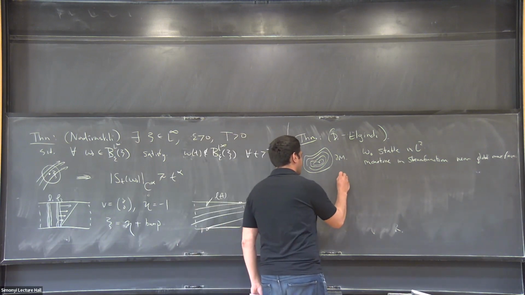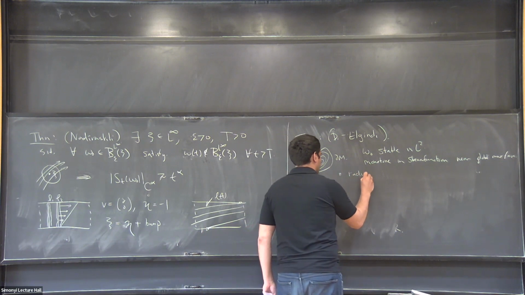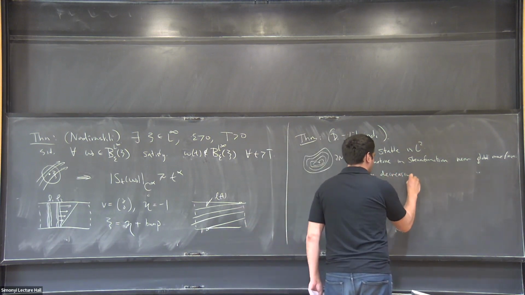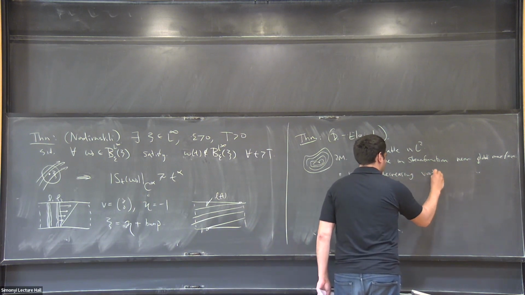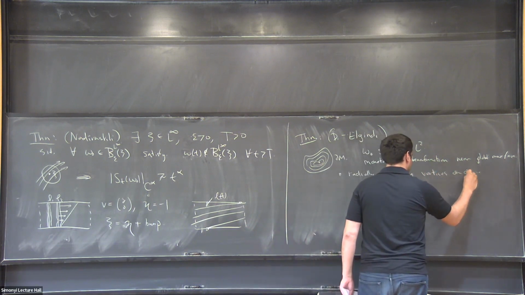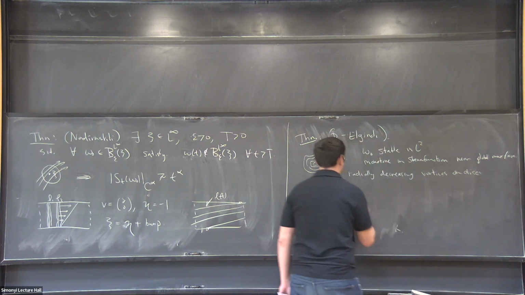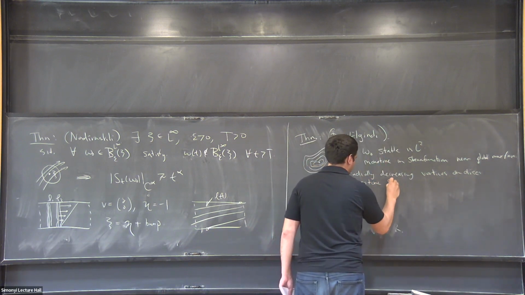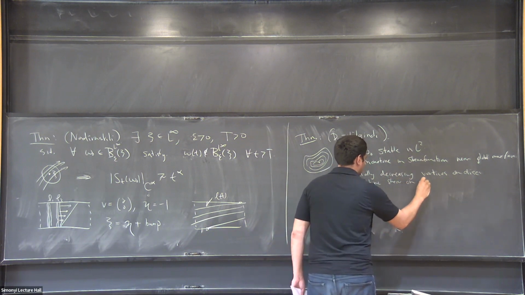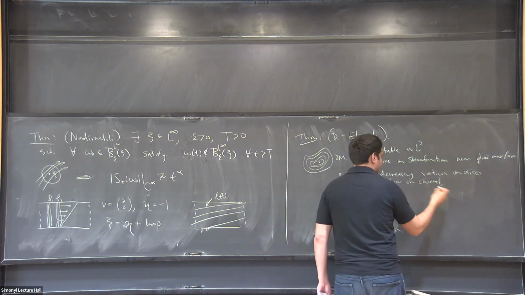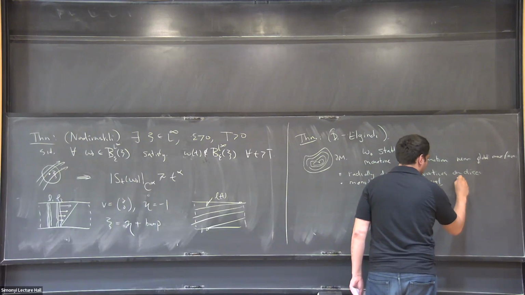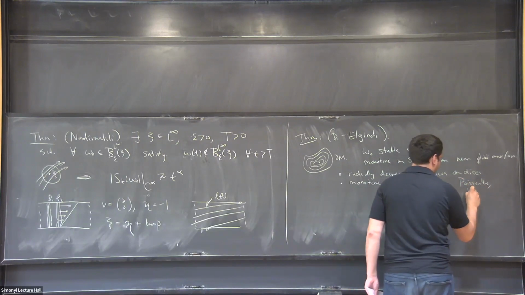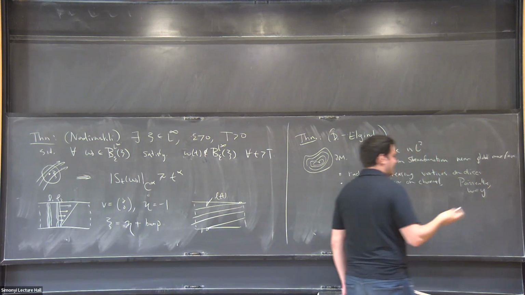For example, they could be radially decreasing vortices on the disk. Monotone shear on the channel. So, for example, Poiseuille flow, which has vorticity which is just y, the vertical coordinate.